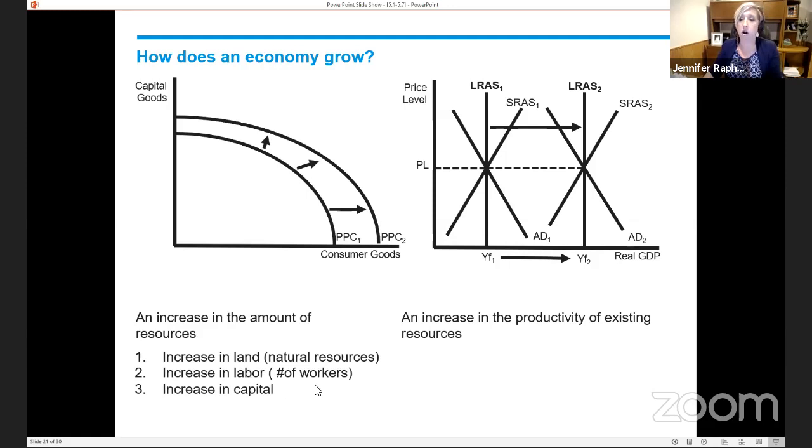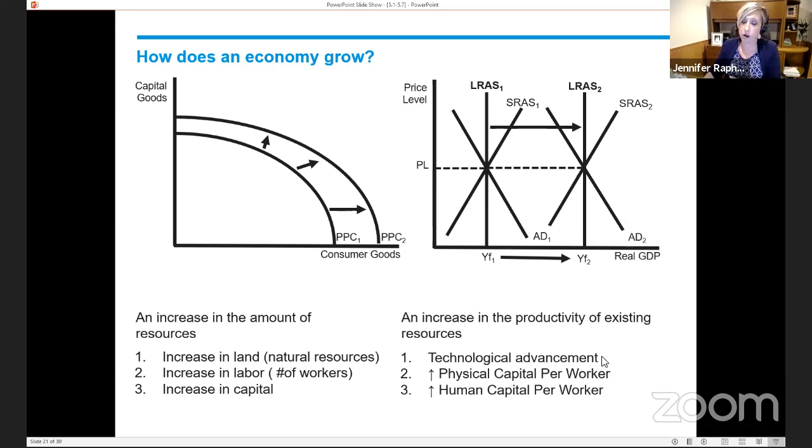Increases in labor are an increase in the number of workers, not to be confused with human capital, and then increases in capital. So if the economy acquires more resources, then the PPC curve is going to shift to the right. Now, if the economy figures out how to use its existing resources more productively, how to get more output out of each input, then we're going to see a shift out of the PPC as well.